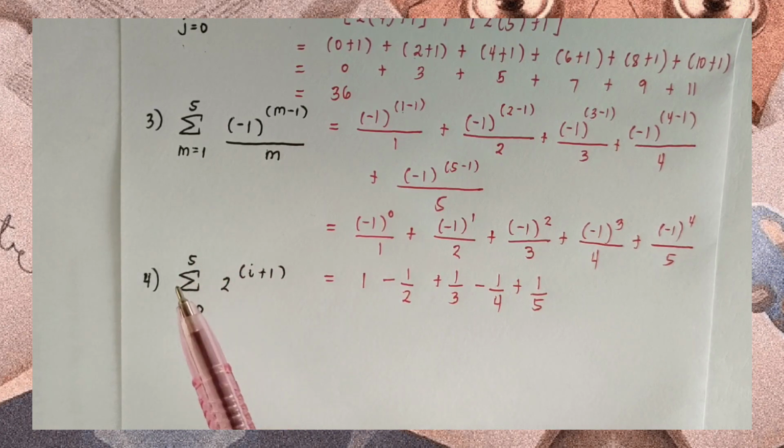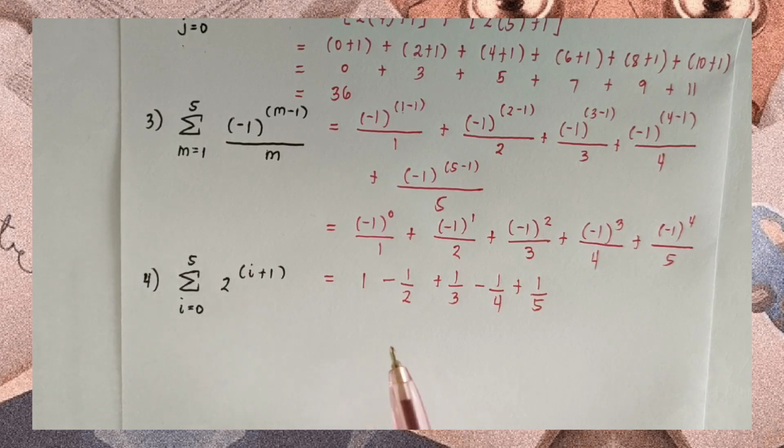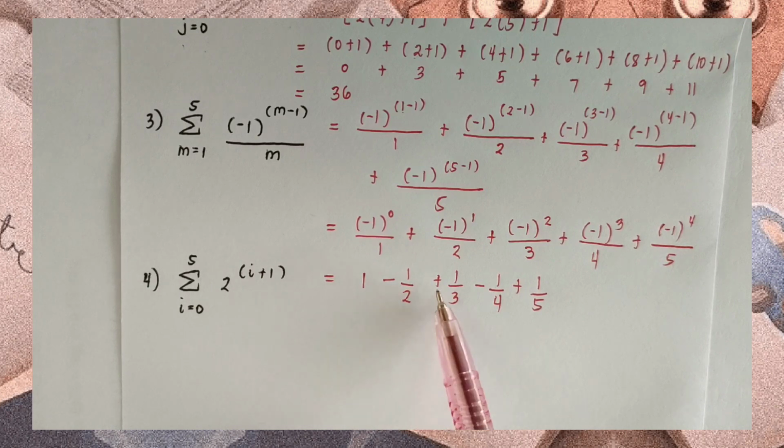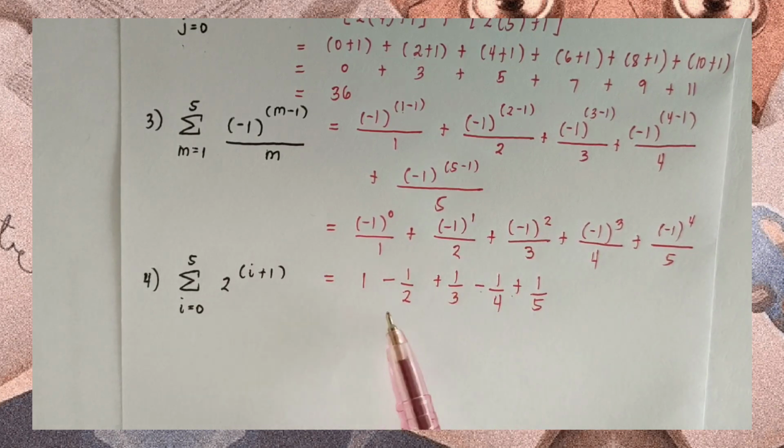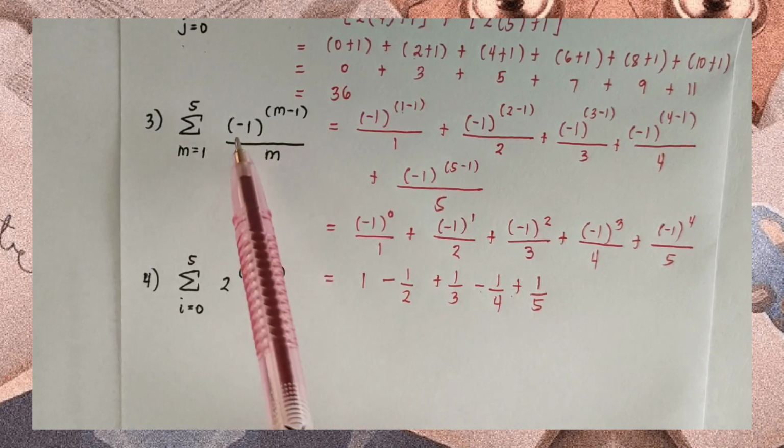Okay? So if you were asked to add, then you need to add. And take note, class, that when you analyze the expanded form, the thing that you will notice is the signs. And you can say that the signs are alternating. We have positive, negative, positive, negative, positive. If this will be the case, your main clue here will be this one.